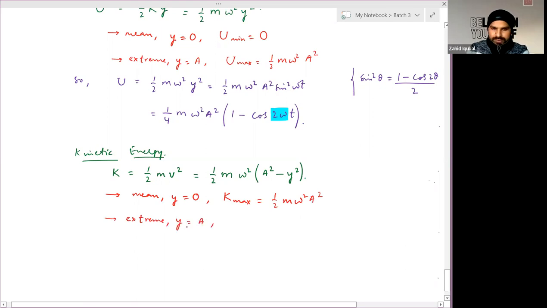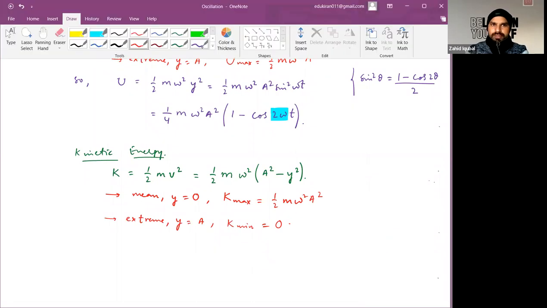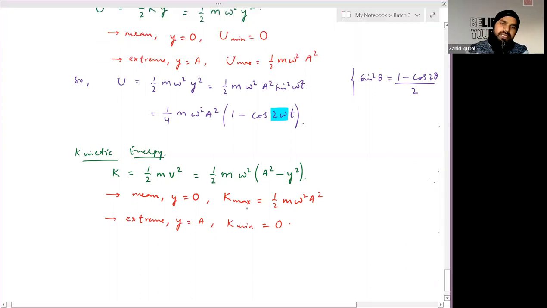If you put y equal to a, you will get the minimum kinetic energy, that is 0. If you relate these two terms with potential energy, at the mean position potential energy is minimum but kinetic energy is maximum. Similarly, at the extreme position potential energy is maximum but kinetic energy is minimum. So these two quantities must be related with one another like this.